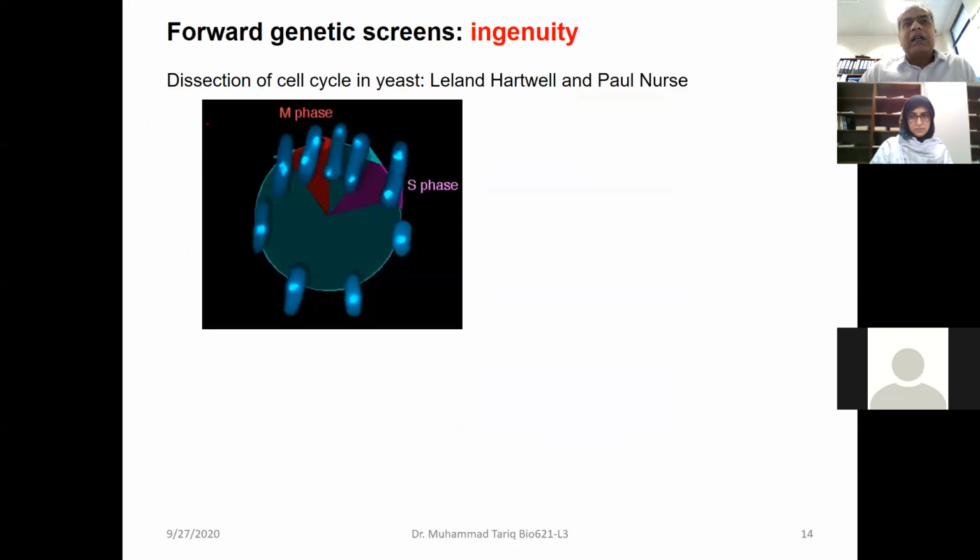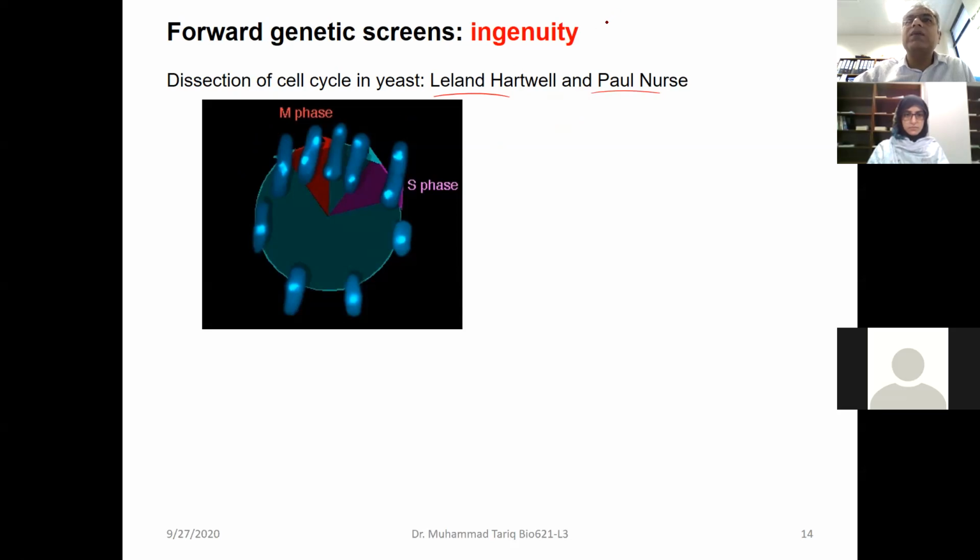This is something very interesting. I recommended last time that you should go and read about this screen, the Leland Hartwell and Paul Nurse screen, which led to the discovery of cell cycle mutants.